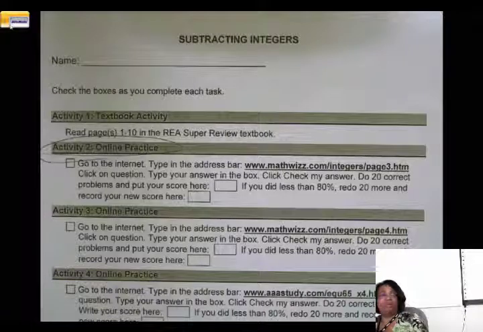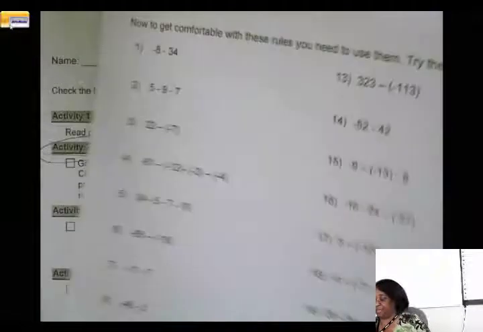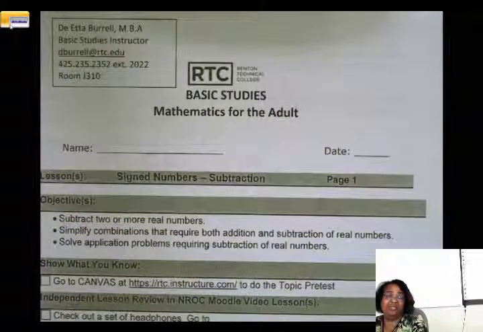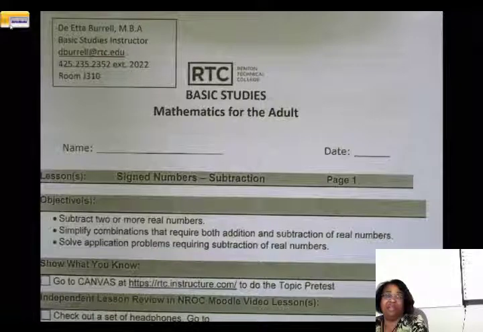Everything else you guys can do if you feel you need more practice, okay? I want to make sure that you understand subtracting integers, because the plus the opposite is very important. So you're going to do these 24 problems, you're going to do your quizzes, and you're going to do the one online activity.